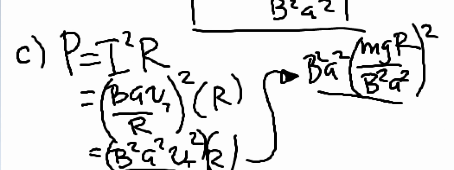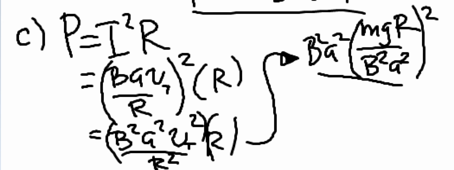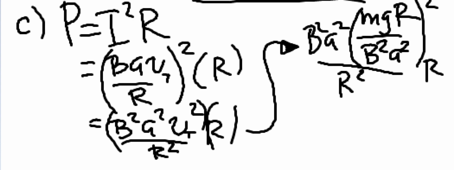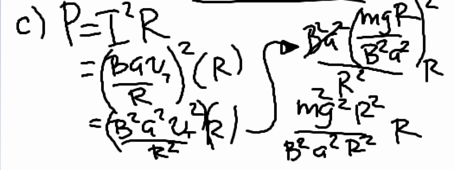Okay. Divided by R squared times R. And we will see that this cancels, but there's a B squared A squared left. So we get m squared G squared R squared over B squared A squared R squared times R. And these R's cancel out.